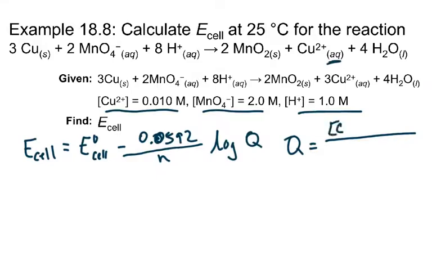So our concentration of copper divided by our concentration of manganese squared times our concentration of H plus to the 8th power. That's our Q value.